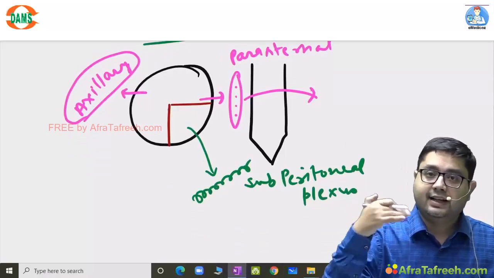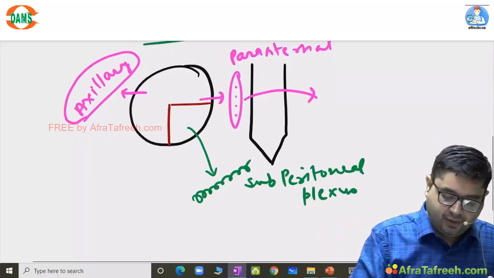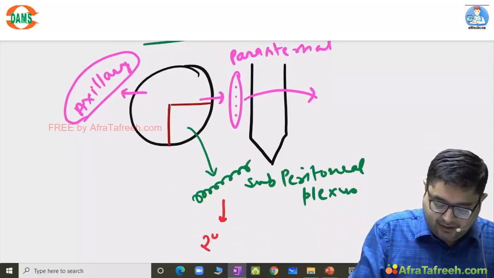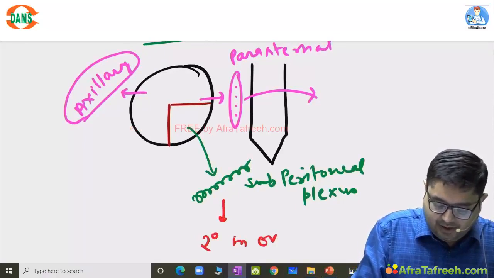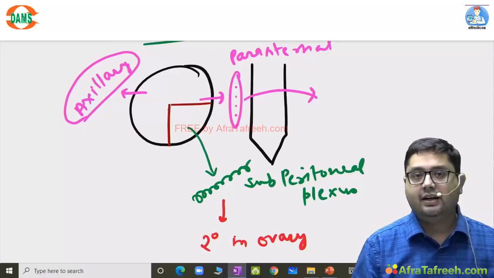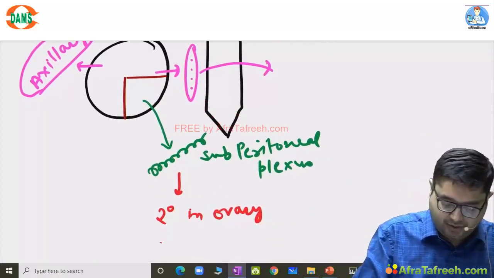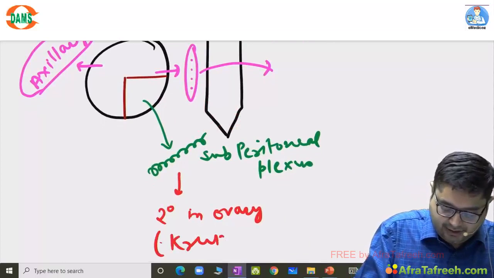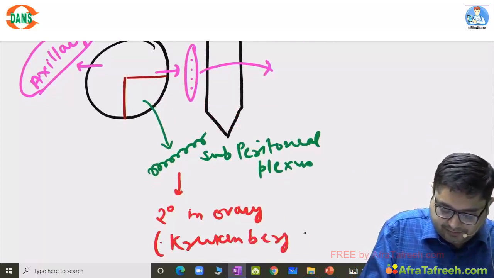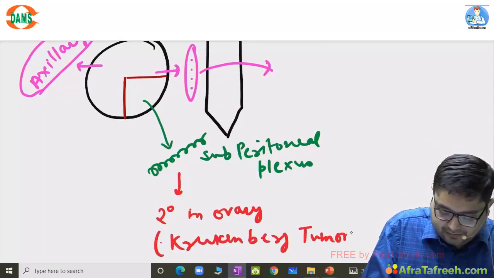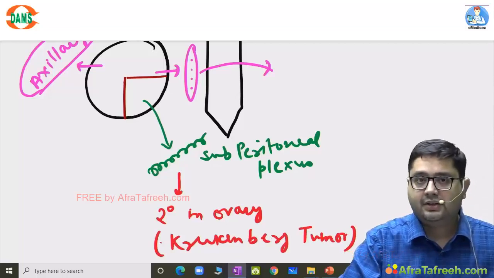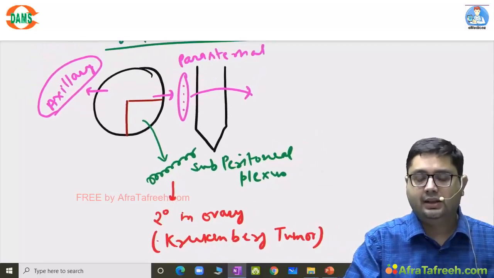They can create secondaries in other organs. For example, secondaries in the ovary are commonly observed. What is that called? Krukenberg's tumor. Right? So that is important information about the lymph.